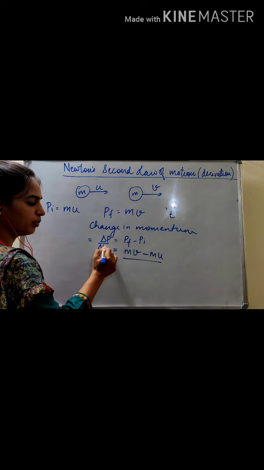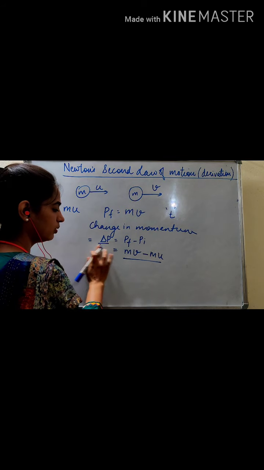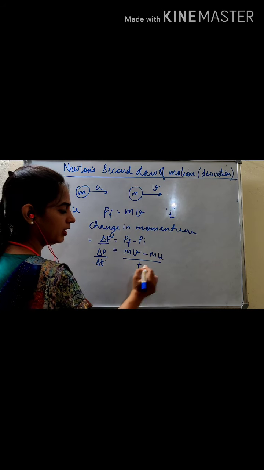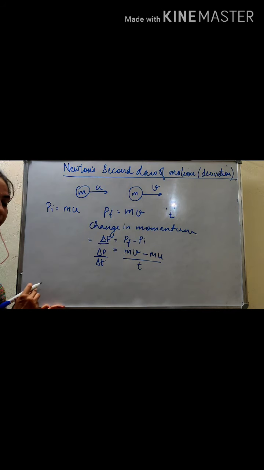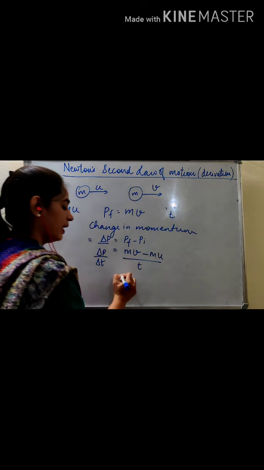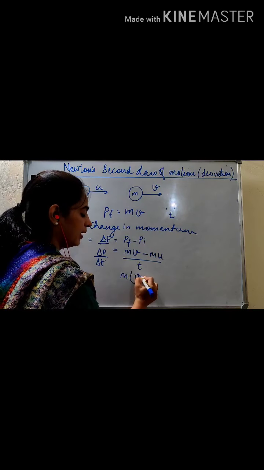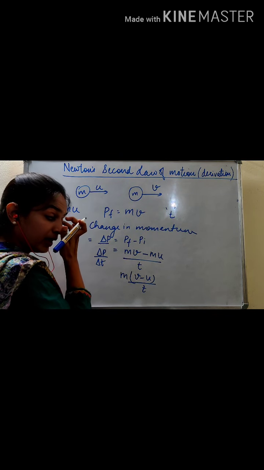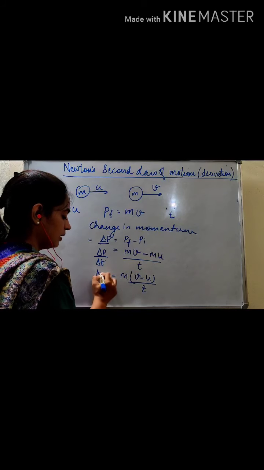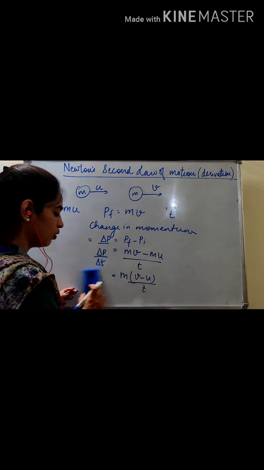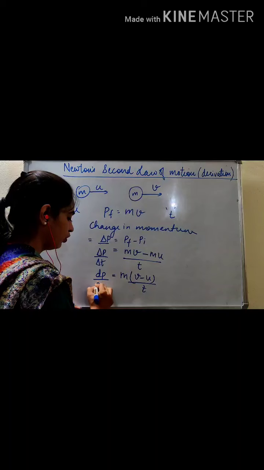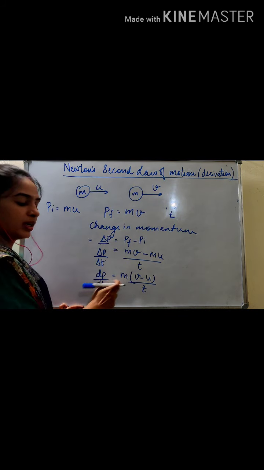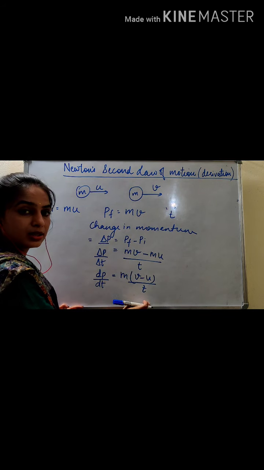Rate of change of momentum is delta p by delta t, which will be (mv minus mu) by t. Now taking m common, can I write it as m into (v minus u) by t? This is delta p, or if it's a small change I can write dp by dt, so as not to get confused, because in the books dp by dt is used. So dp by dt is m(v minus u) by t.